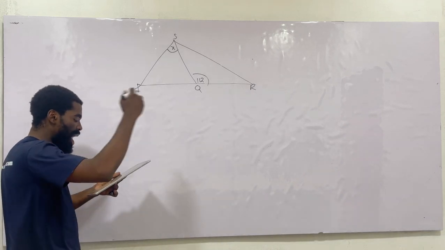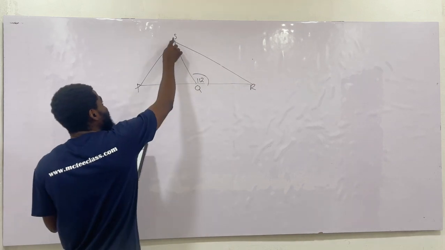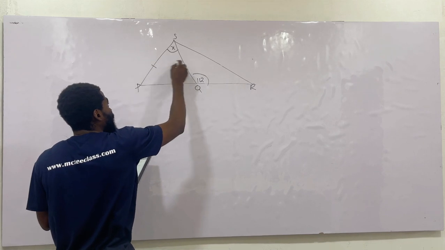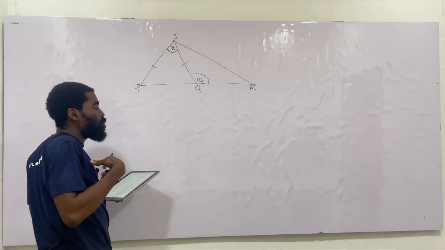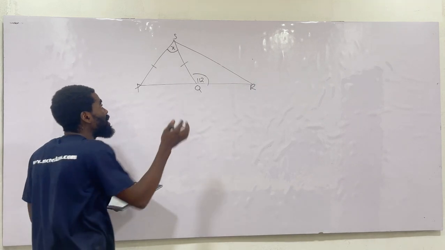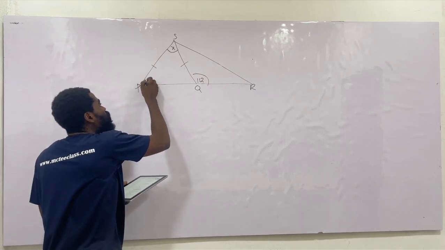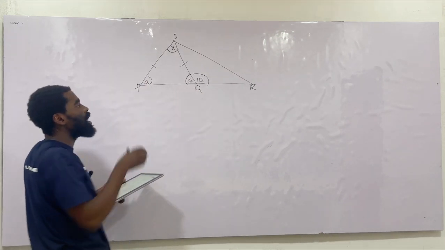In the diagram above, the length PS is equal to length SQ. The moment you have this, that means this triangle, triangle PSQ, is isosceles. One property of an isosceles triangle is that two sides are equal, so two angles will be equal. That means if the angle here is A, the angle there also will be A.